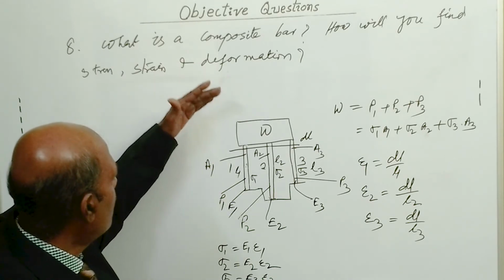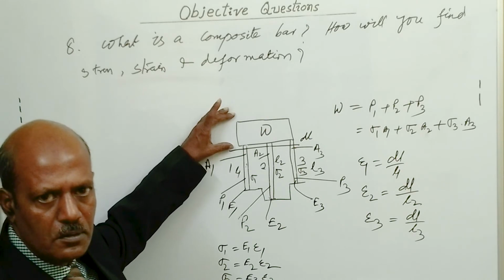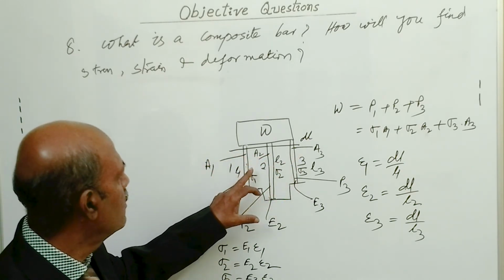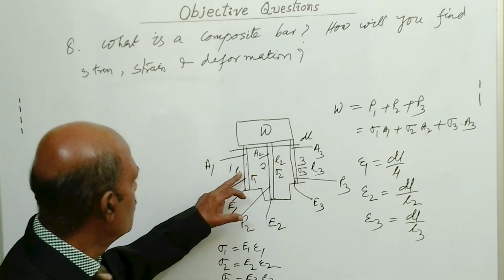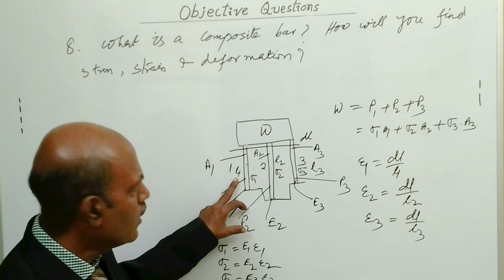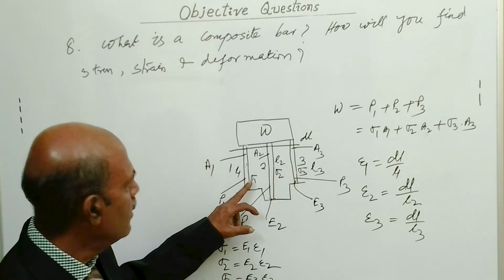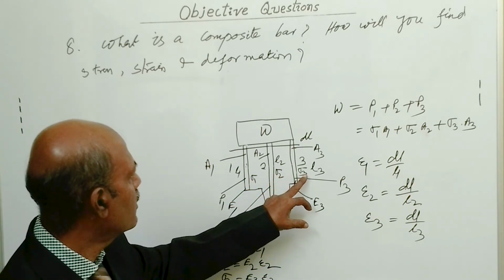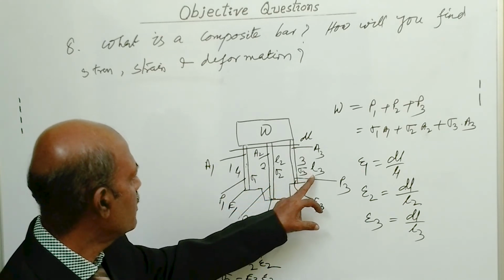So in this composite system, total load W is shared by all the members, that is bar 1, bar 2 and bar 3. The stresses will develop in each bar: sigma 1, sigma 2 and sigma 3. Load taken by the bars is P1, P2 and P3.